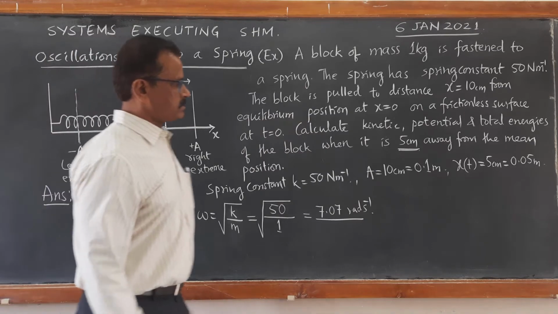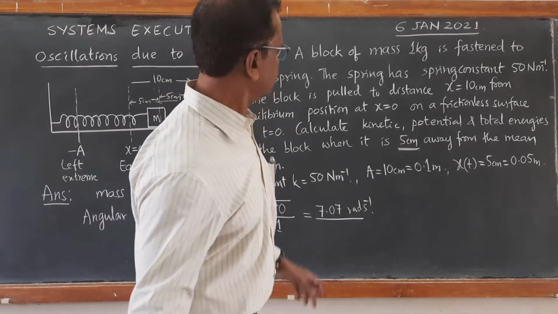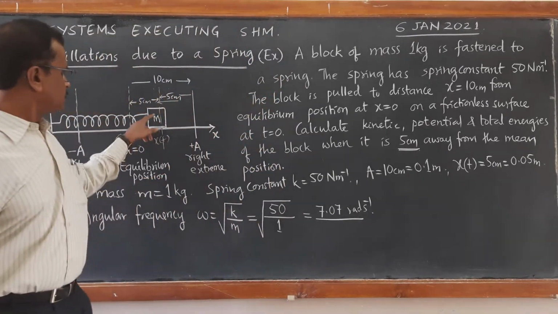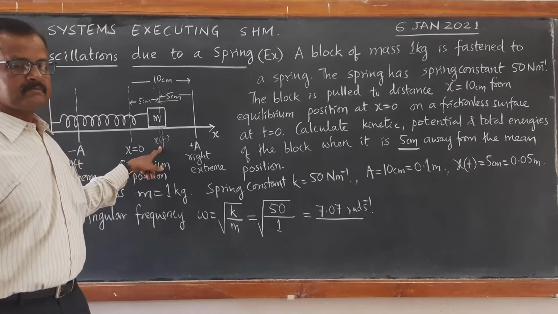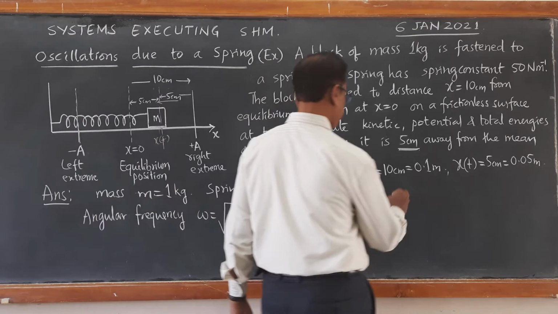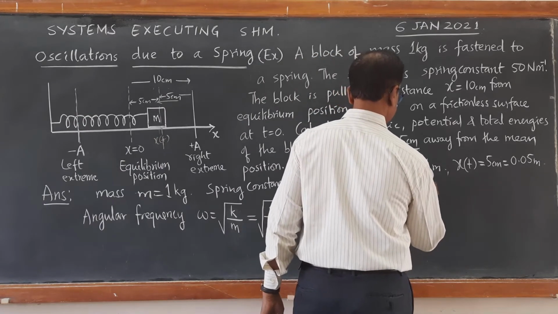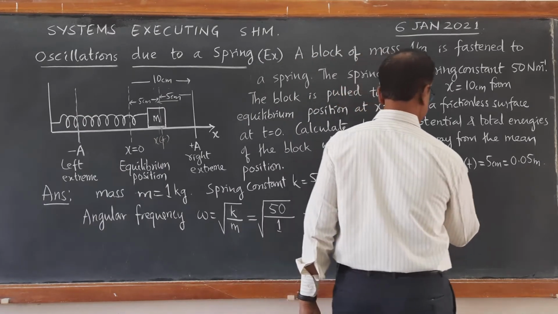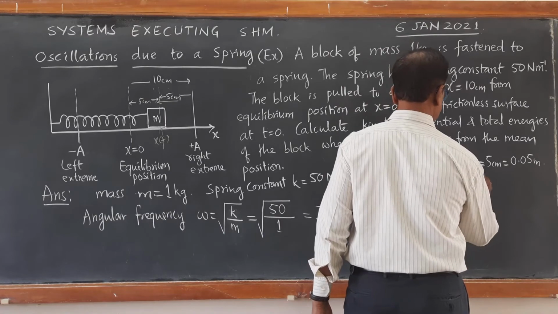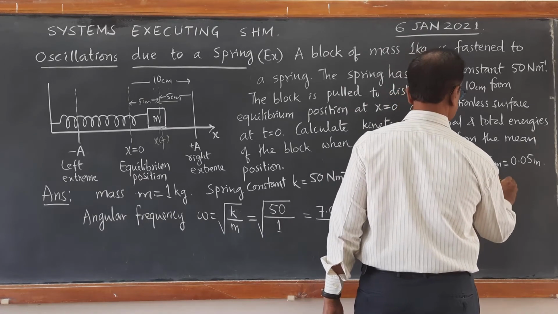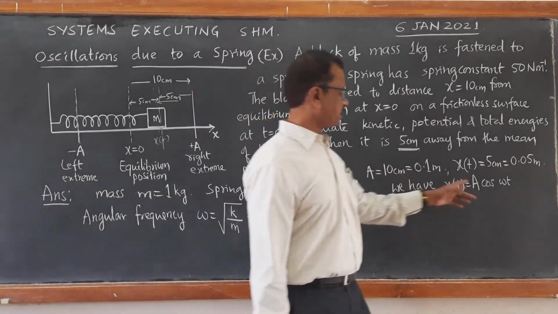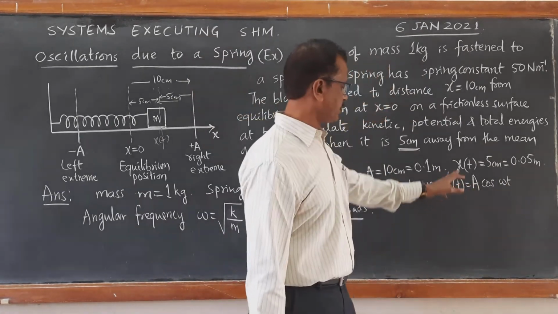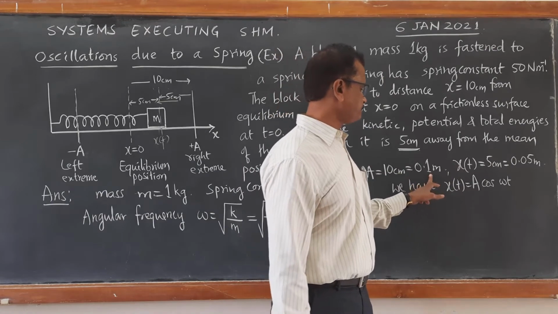Now from this, we will write the equation for displacement at 5 centimeter. Displacement x of t equal to A cos omega t. We will assume that initial phase is 0. We know A is 0.1.